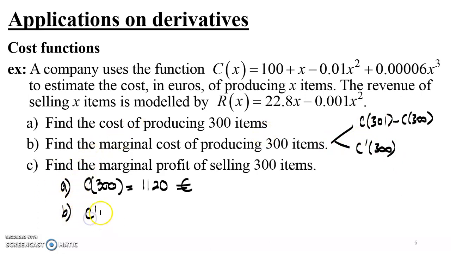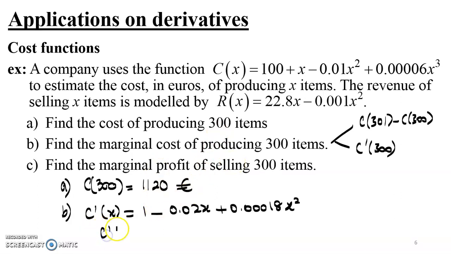So over here, in order to determine the marginal cost, I need to first start by finding the derivative. Differentiating that cubic polynomial would give me 1 minus 0.02x plus 0.00018x squared. If you're not sure how I did the derivative, it's good to revisit the lesson on derivative functions.